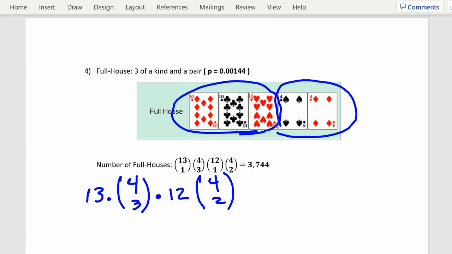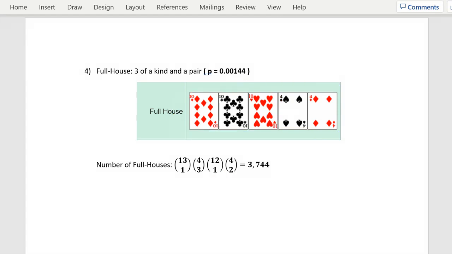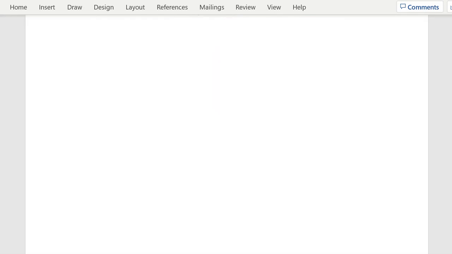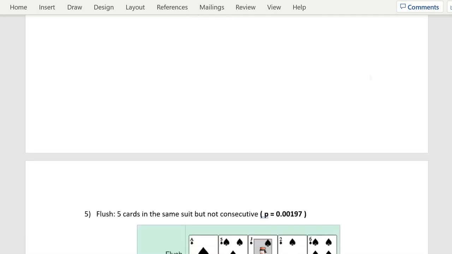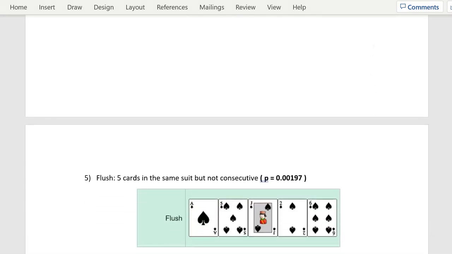So I could have, for instance, a 4 of hearts, 4 of diamonds, and so on. That's what this counts. And this total is correct. There's going to be a total of 3,744 full houses.